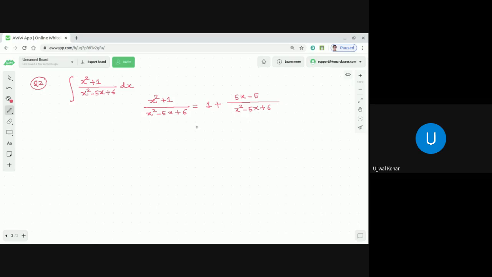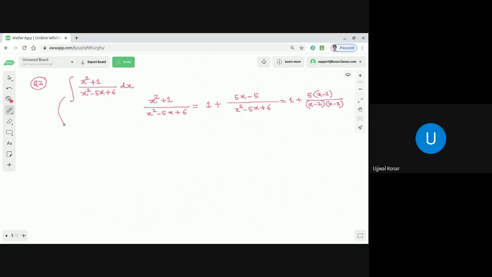So this is actually equal to 1 plus 5 into (x minus 1) divided by, if you factorize the denominator, (x minus 2) into (x minus 3). Correct, no?